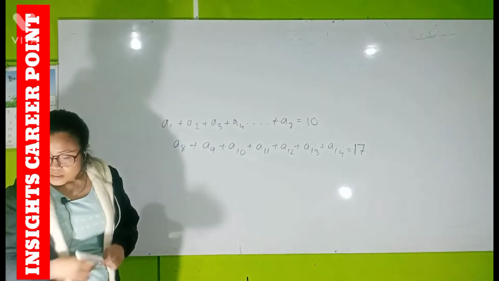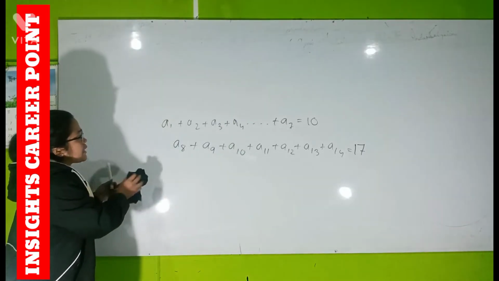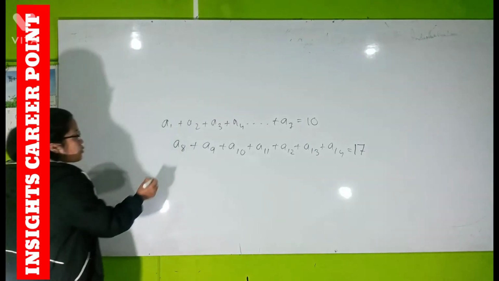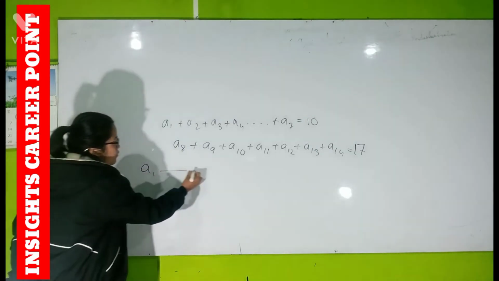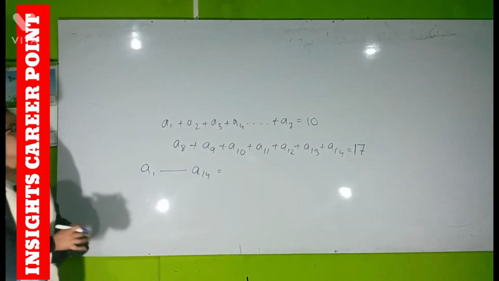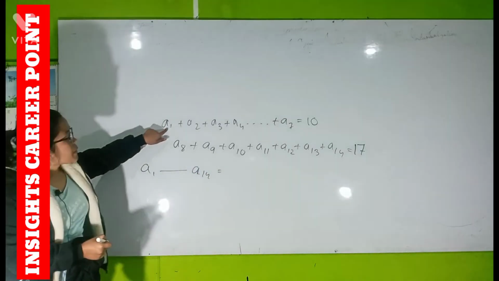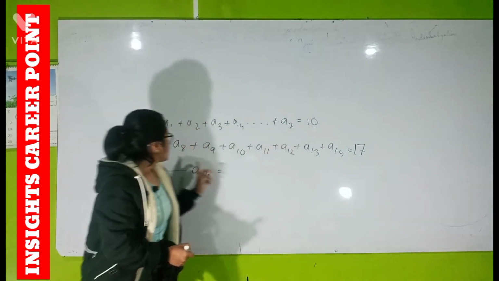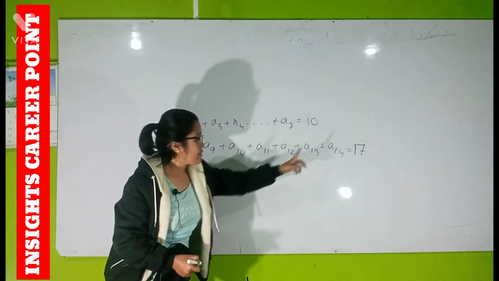Got it? Then, if we want the sum from A1 to A14, what will be the value? Here the sum from A1 to A7 is given as 10, and the sum from A8 to A14 is 17.